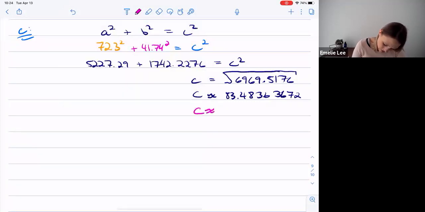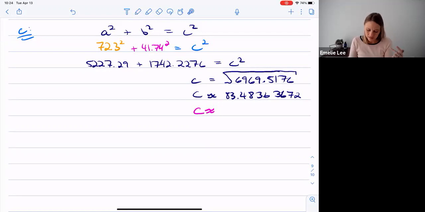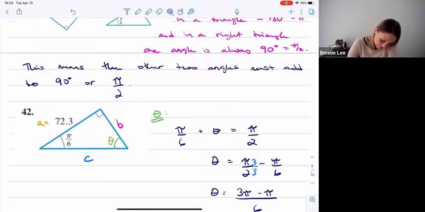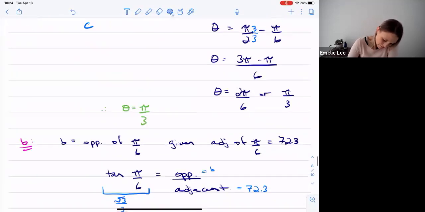Or I'll round to 2 decimal places again, just because it looks like a nice cutoff. It captures a lot of activity. I don't want you to round too quickly because you want to capture some activity here. So 2 decimal places is kind of the minimum. 83.48. So now we have solved this triangle.